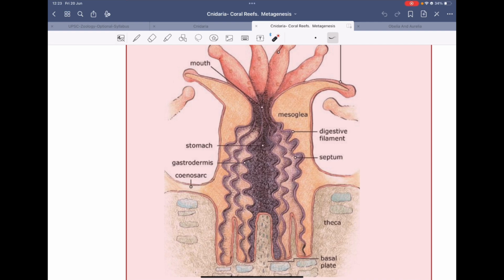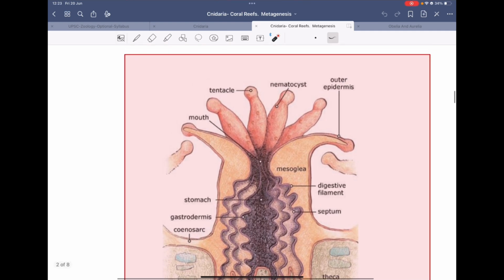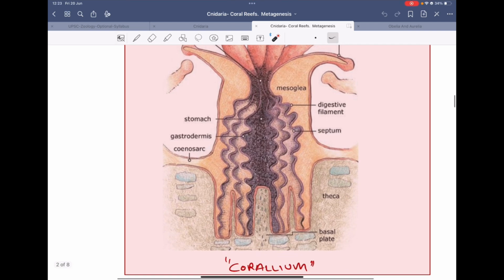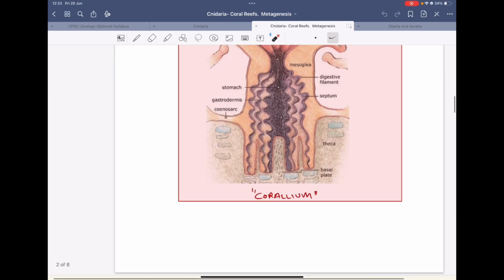Then there is the coenosarc, the layer present over the gastrodermis. There are tentacles, nematocysts, and the outer epidermis. There is the mouth, which goes into the coelenteron, that is the stomach. So this is the basic structure of a corallium.